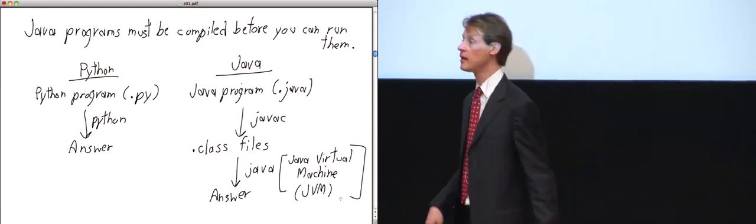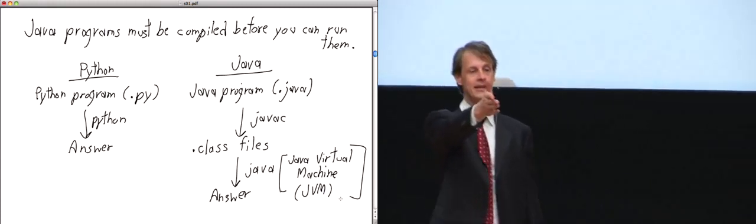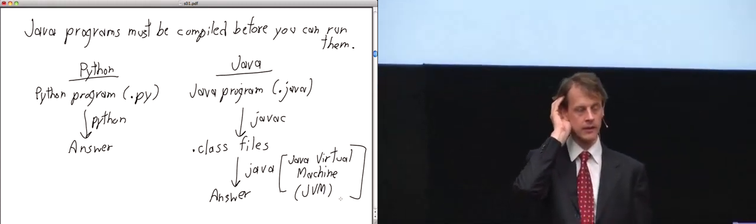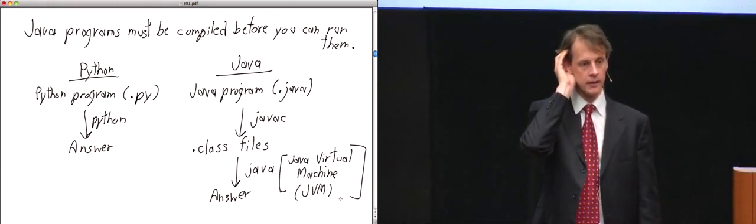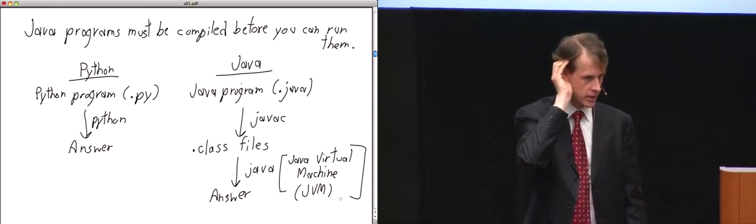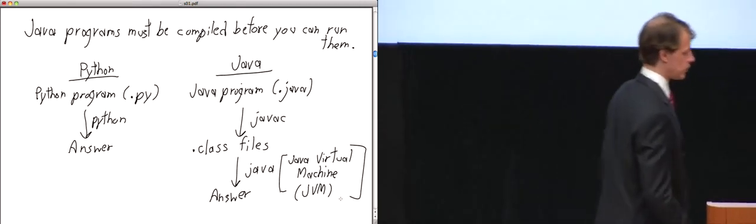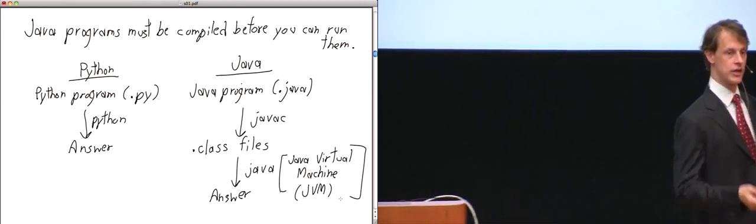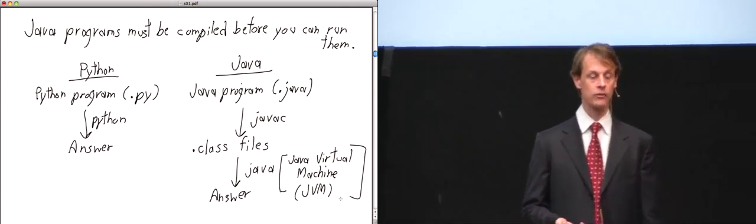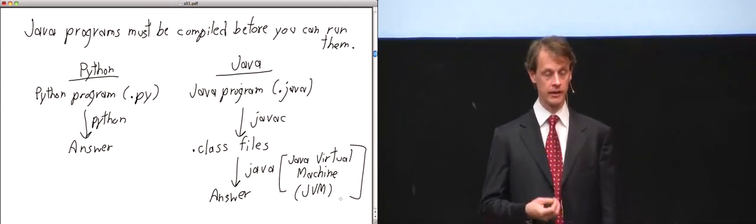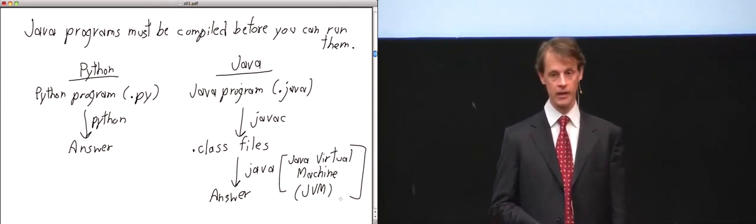Other questions? Yes? Between an interpreted language and a compiled language? Well, usually when people say compiled language, the language is actually compiled right down to the machine code that the CPU runs.